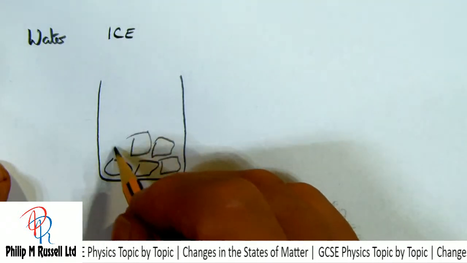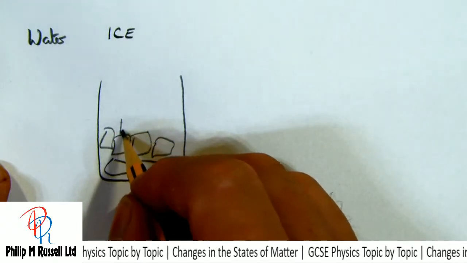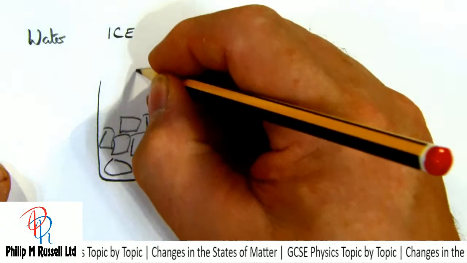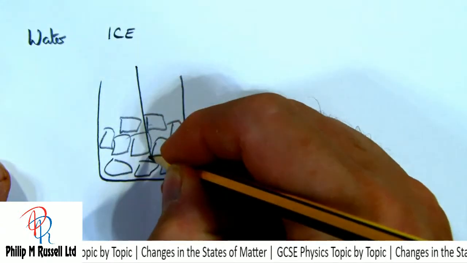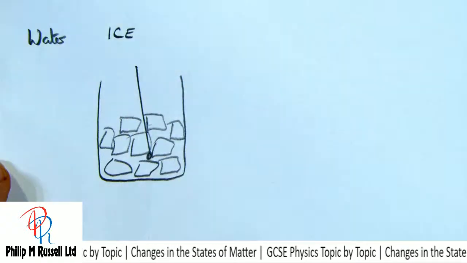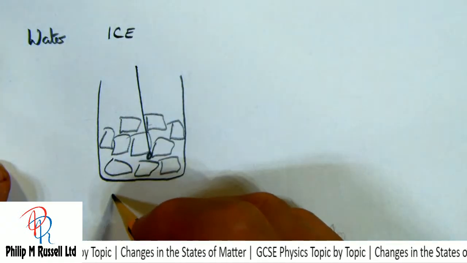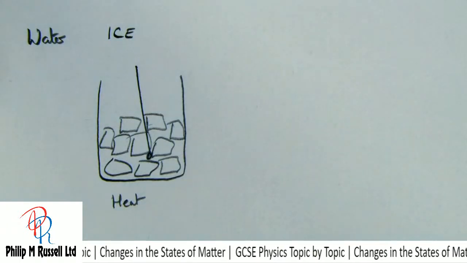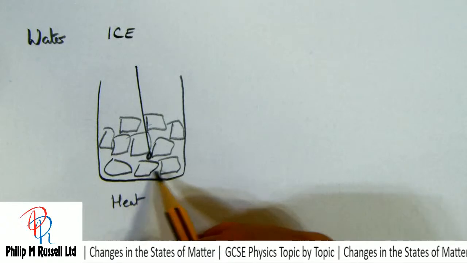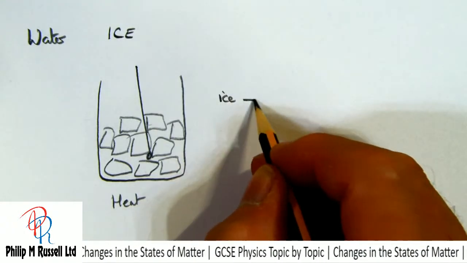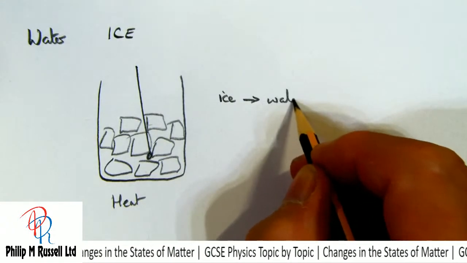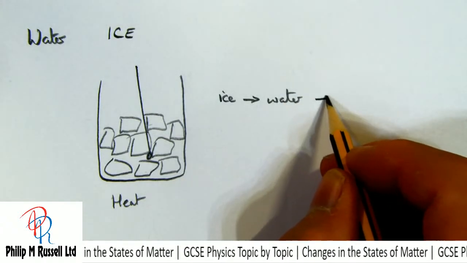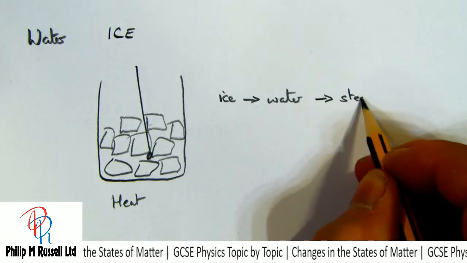Now our problem with filling it with blocks of ice is they're not terribly even, and what we then need to do is stick a thermometer in there. We supply a source of heat, and as we supply a source of heat, the ice is going to change to water. We then carry on heating, and eventually the water starts to turn to steam.